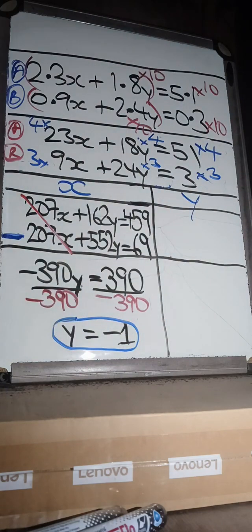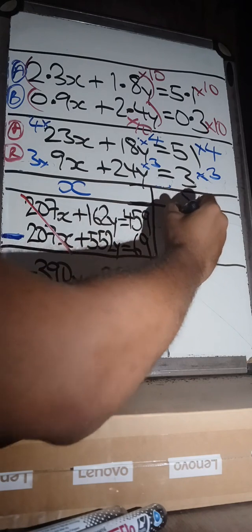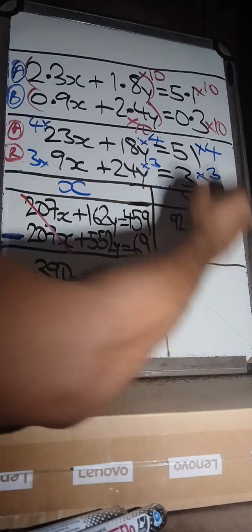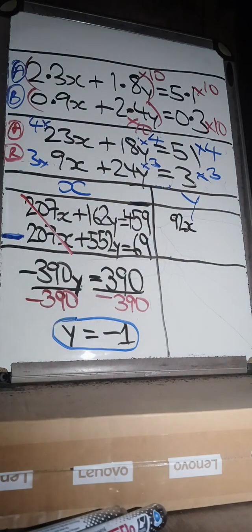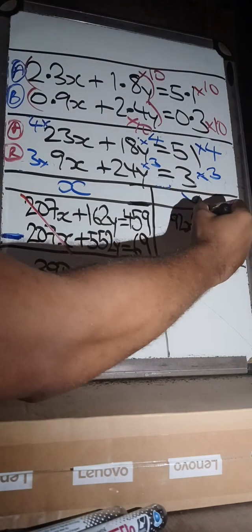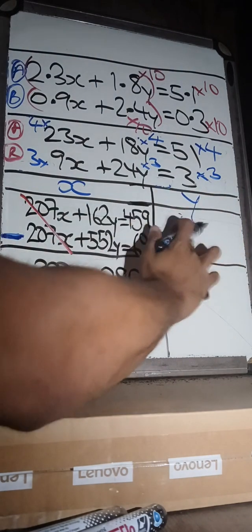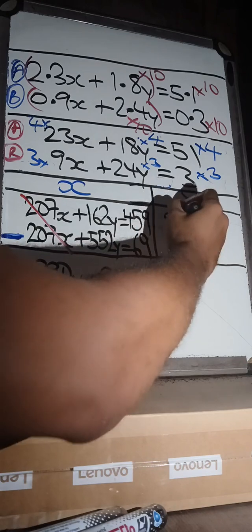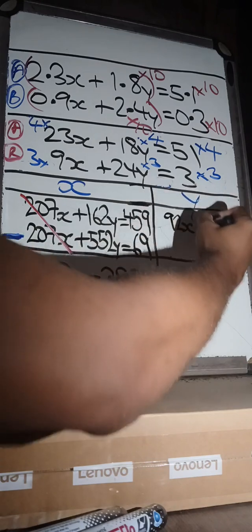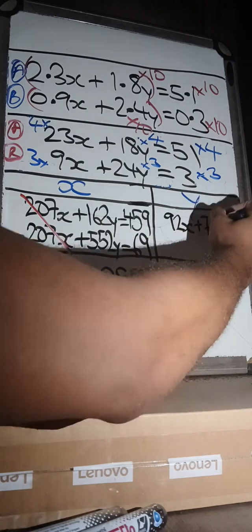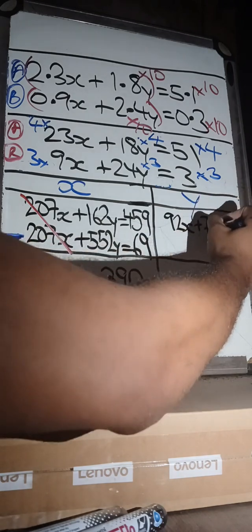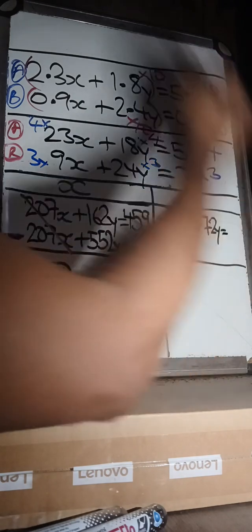Alright, so 23 plus 23, 46 plus 46. So that's 92. So we'll have a 92x right there. This is now a 72y.